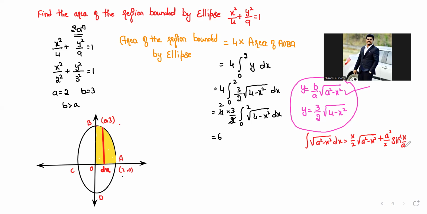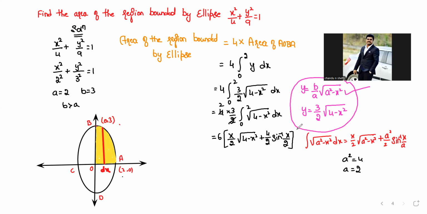Now I am using this: 6 into x by 2 square root of 4 minus x square plus 4 by 2 sine inverse x by 2, a square means 4, a equal to 2.